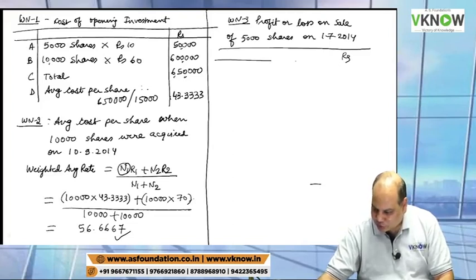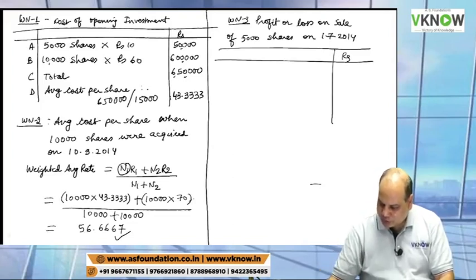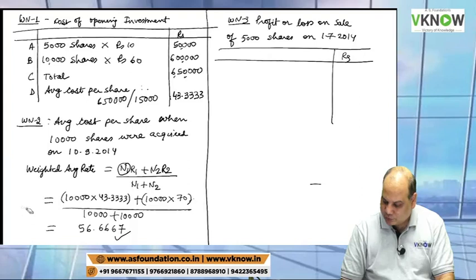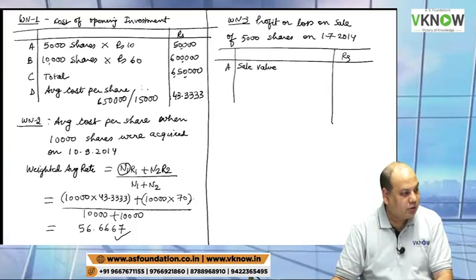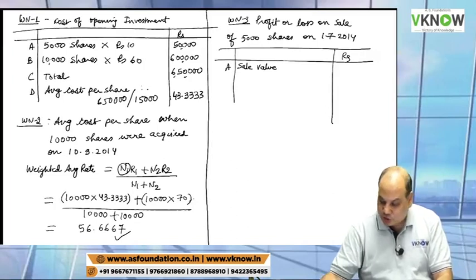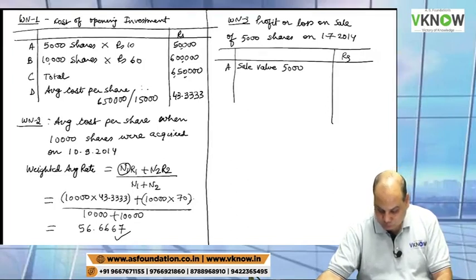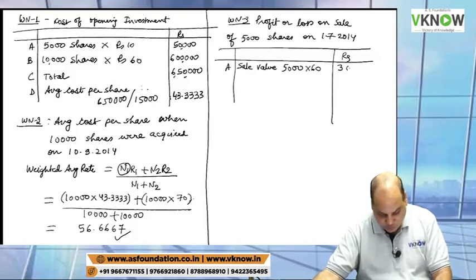A, sale value. If you look at the last paragraph, 5,000 shares were sold at 60 rupees. 5,000 into 60 is 3 lakh.